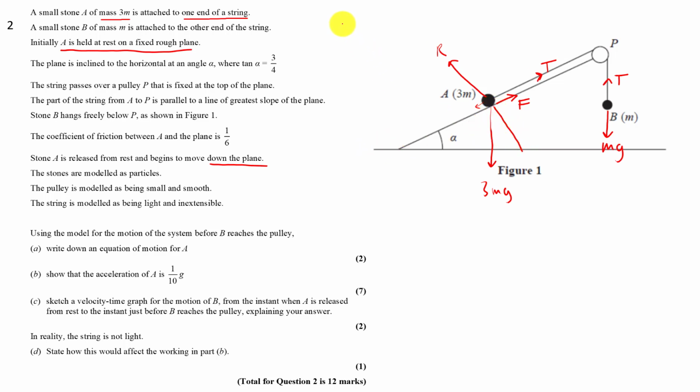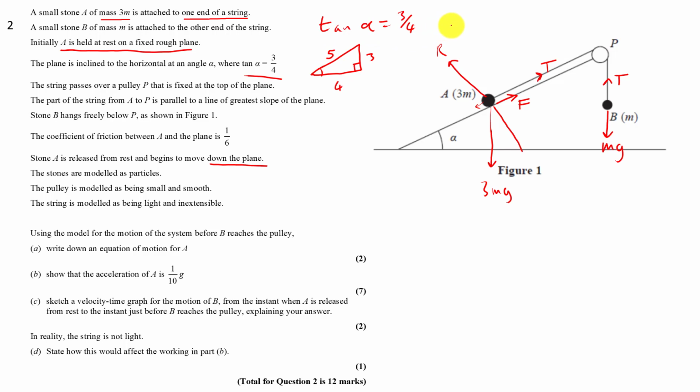Now we've got tan alpha equals 3/4. So I suggest you draw the 3-4 triangle somewhere. That must mean that's 3, that's 4, opposite and adjacent. Now you know Pythagoras' theorem, that's a 3-4-5 triangle.